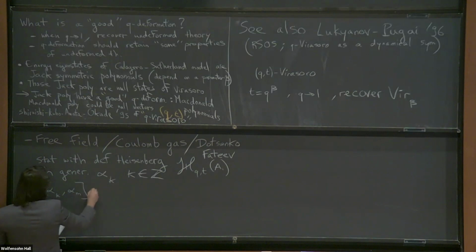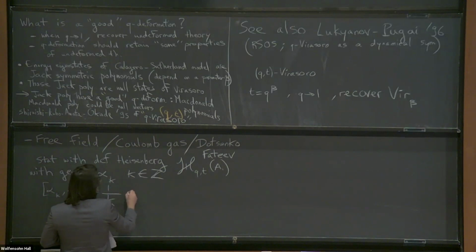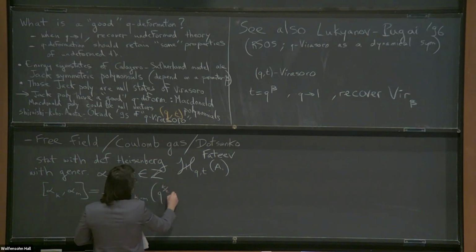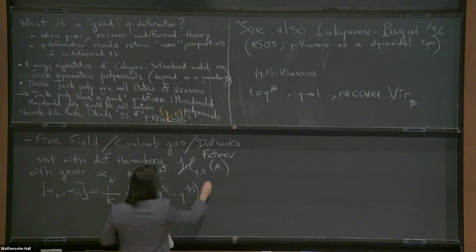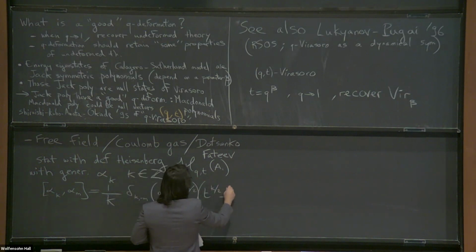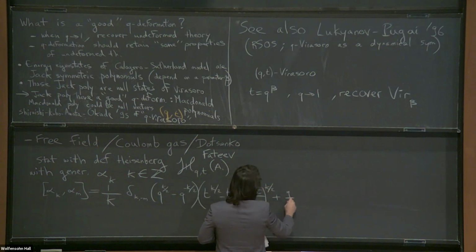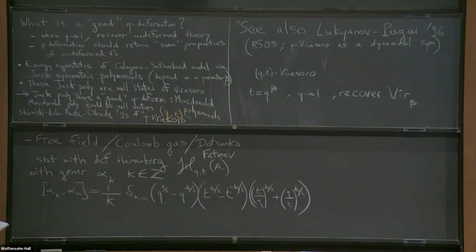Alpha_k, alpha_m, delta_{k+m}, and the q deformation enters here. So these might look a little bit scary, but don't worry, we won't actually use them much. And you use these generators to construct screening charges.